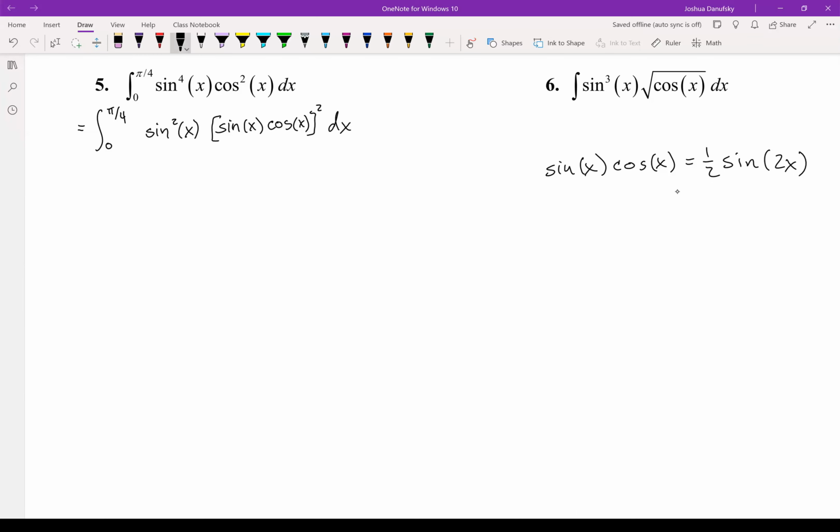So let's go ahead and rewrite our sine squared first as 1/2 times 1 minus the cosine of 2x. Again, that's the power reduction formula on this guy right here. And then rewrite our product of sine and cosine using this.